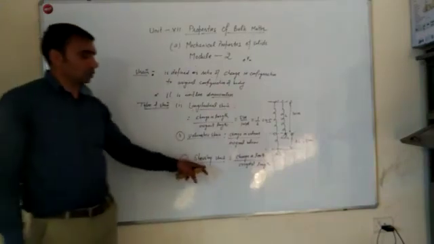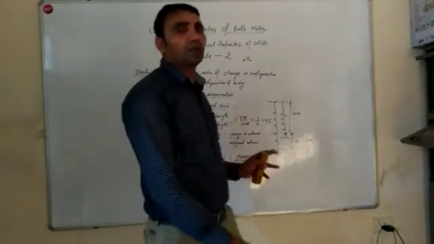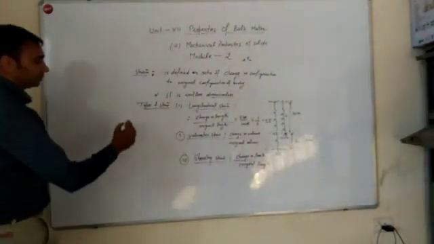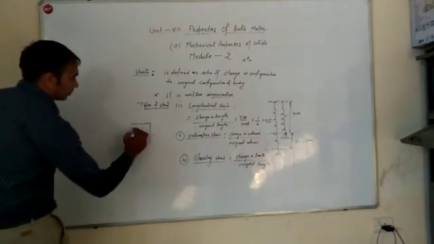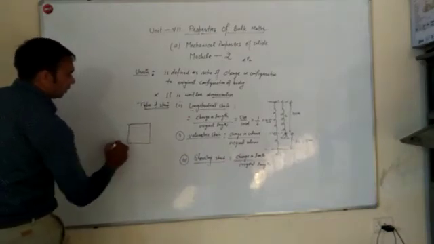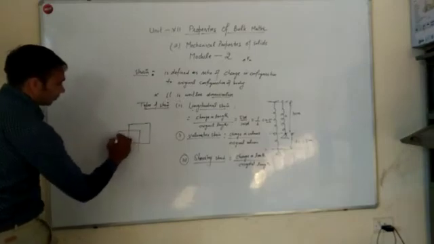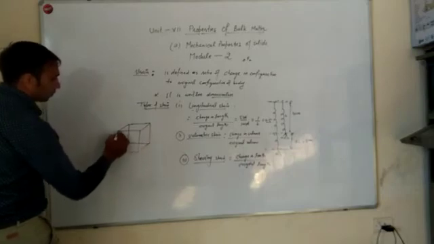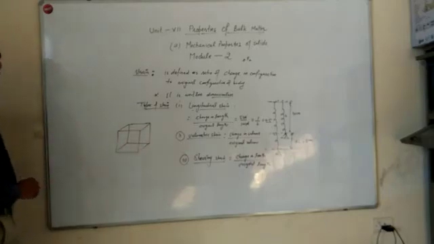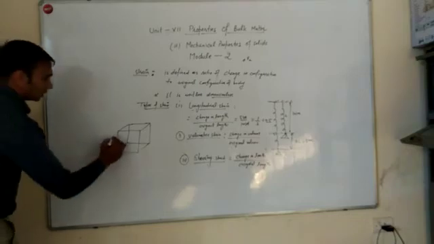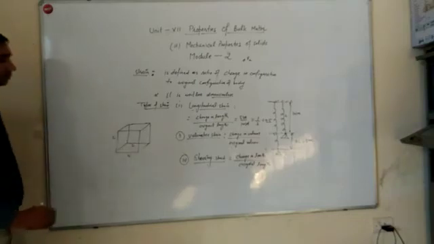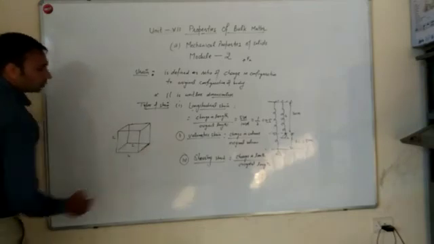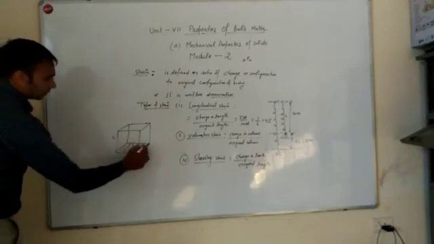Now, this shearing strain we can understand with the help of an example. Let us consider a cube having each side of length L. F is the force applied on the upper face of the cube, and the lower face is fixed.